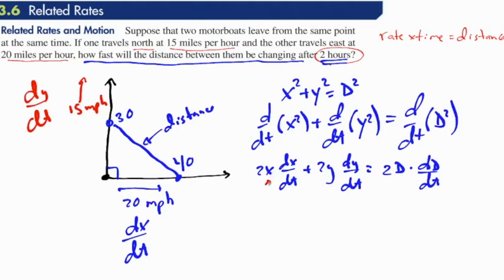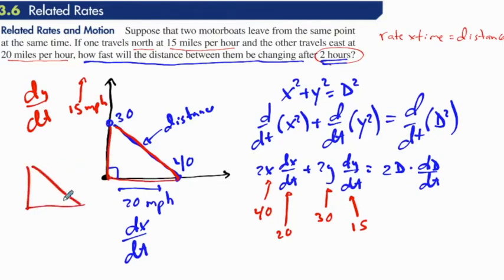We see that, well, x is 40, y is 30, dx/dt was 20 miles per hour, and dy/dt is 15 miles per hour. And we can use the Pythagorean theorem to find the distance at this time. So this is a 3, 4, 5 triangle but you can use Pythagorean Theorem to verify that the hypotenuse is 5 when the legs are 3 and 4.